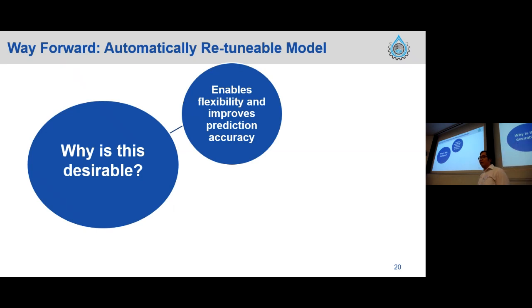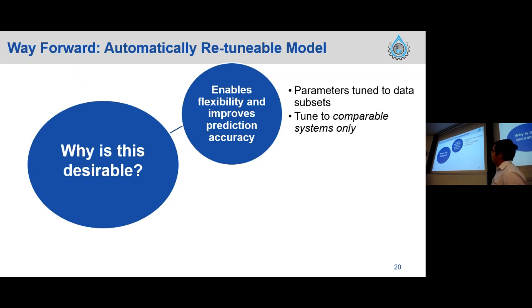The way we currently tune models, we try and make them as general as possible to capture as many different system types as possible. But if we could tune models on the fly to systems of interest, then we can make those models as accurate as possible for the systems, while also maintaining the flexibility of having a general model that can predict as many systems as possible.